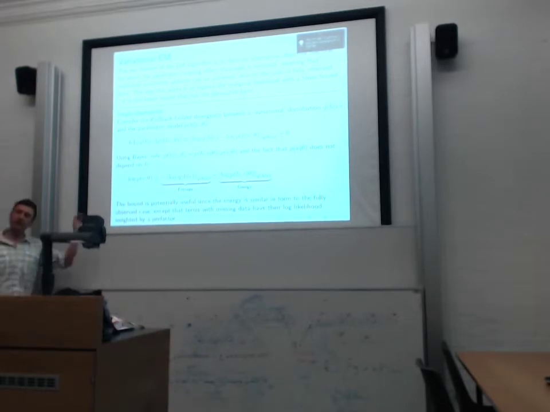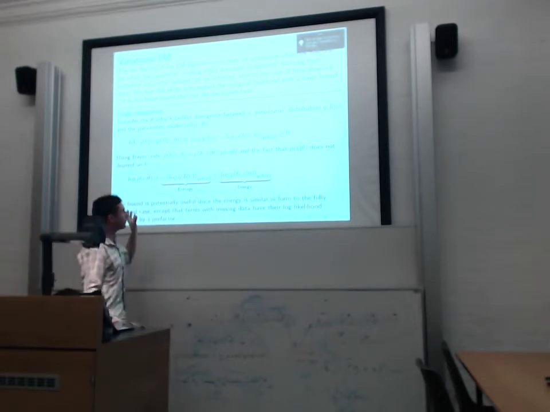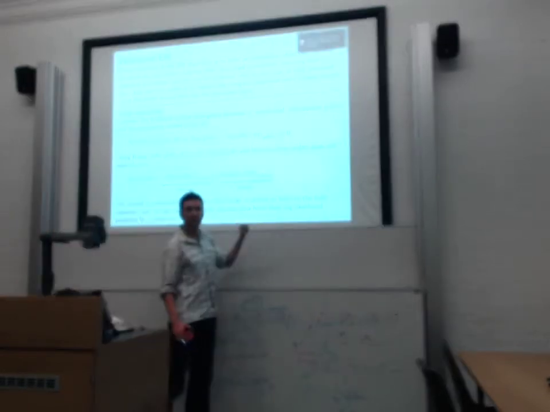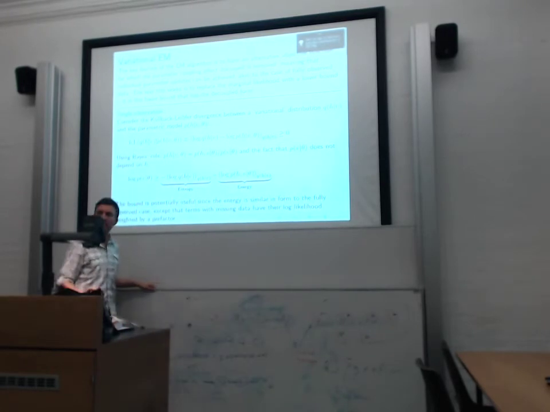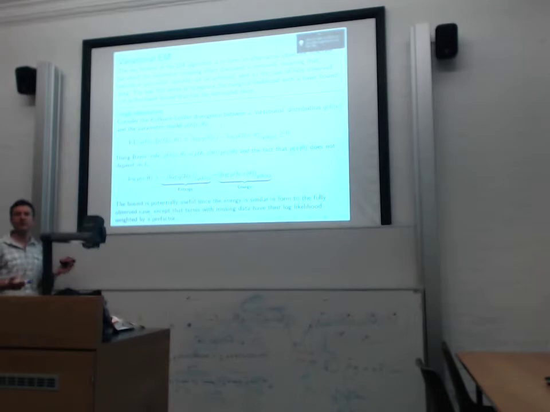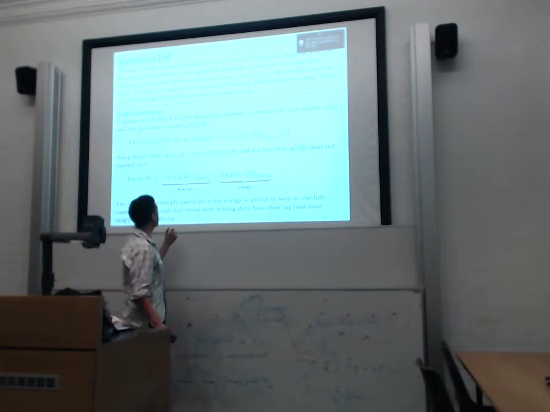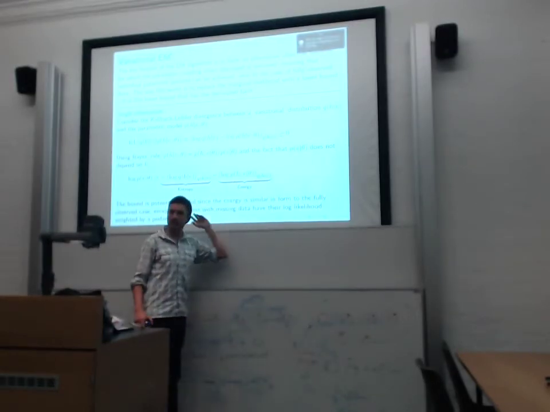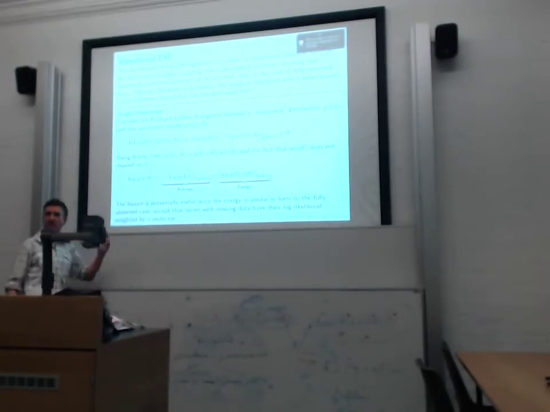Then I'll get a new set of Q distributions. Given that new Q, I'll try to find a new theta, and I'll keep iterating this process. It's a kind of coordinate-wise optimization process where we've got two sets of variables, the Q's and the thetas. We'll fix one, optimize with respect to the other, and iterate.